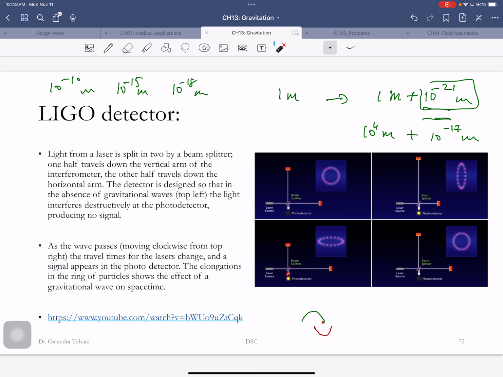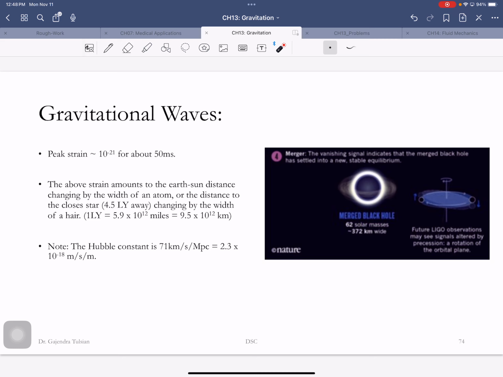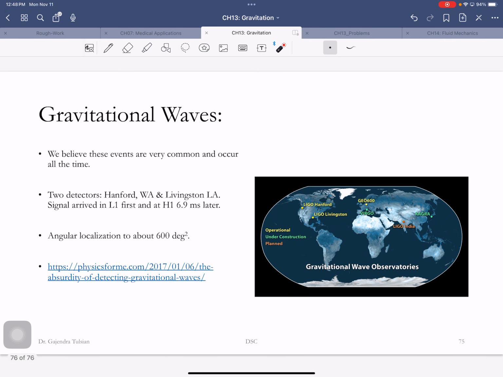You might see a signal. So how do we know if it was a gravitational wave or a truck driving by? You guys understand the point? It's super sensitive, and that's why if a truck goes by, it can detect the shaking of the ground.